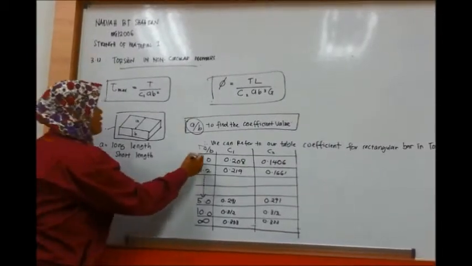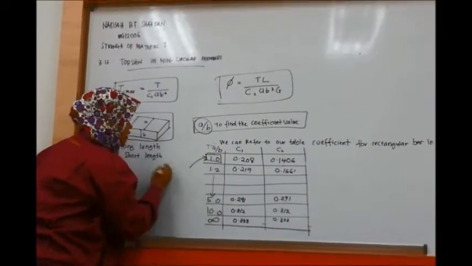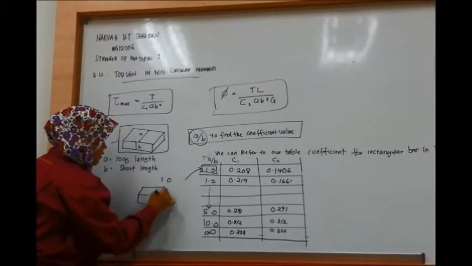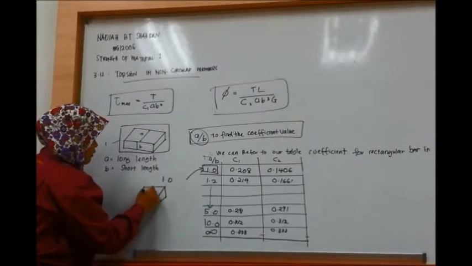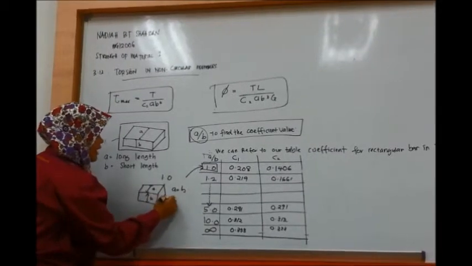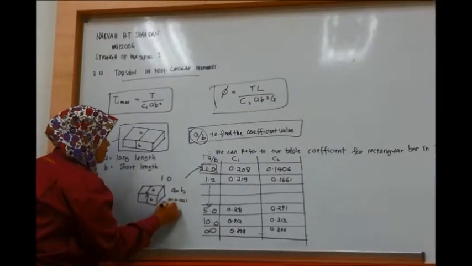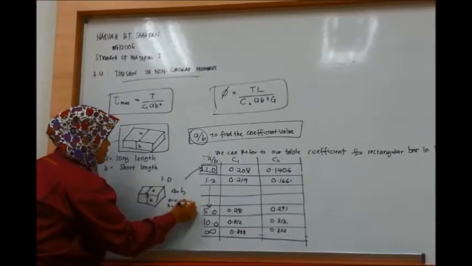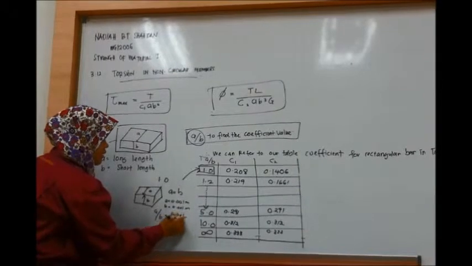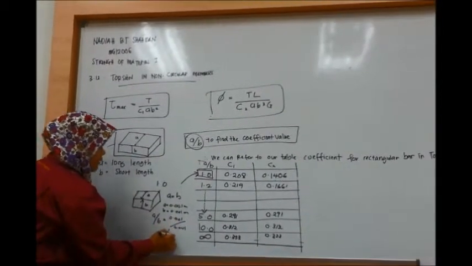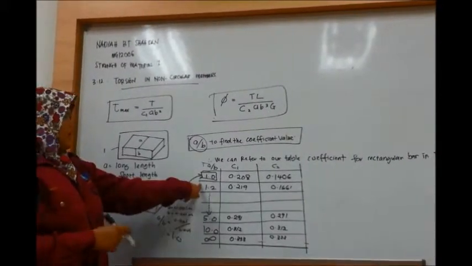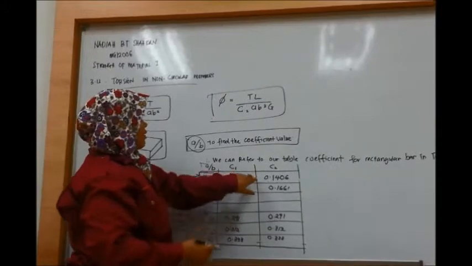How to find it? This is a rectangular bar. This is a, this is b, where a equals b. Let's say a equals 0.001 and b equals 0.001 in meters. So we divide a by b and we get 1. So we can refer to the table of coefficients, and for 1 we can get c1 and c2.